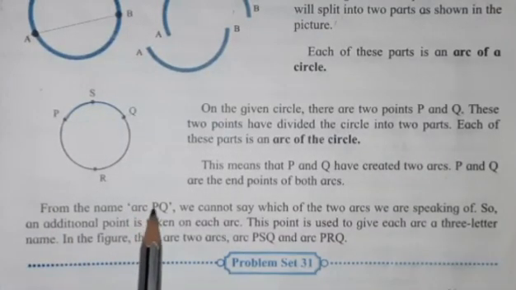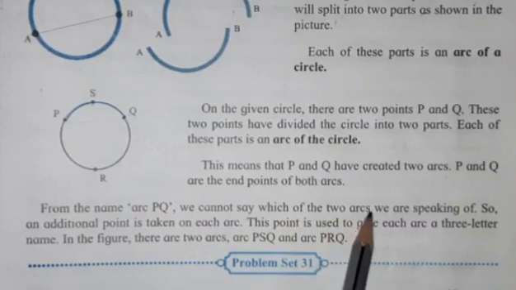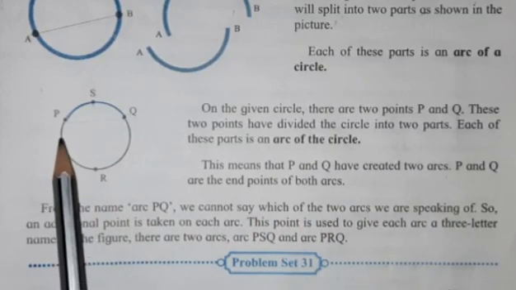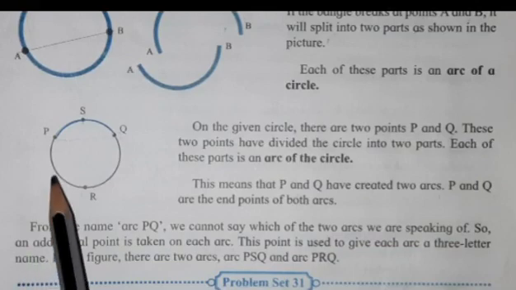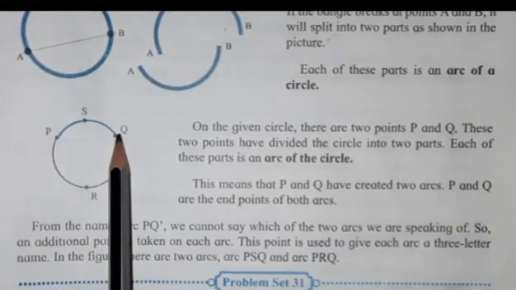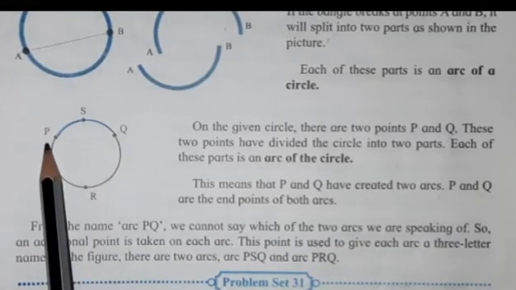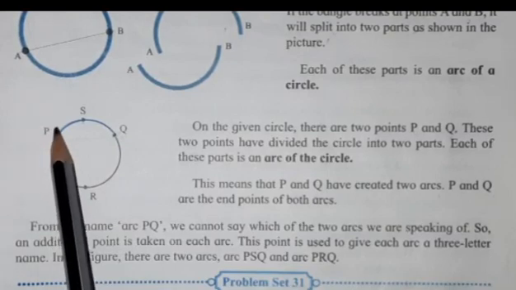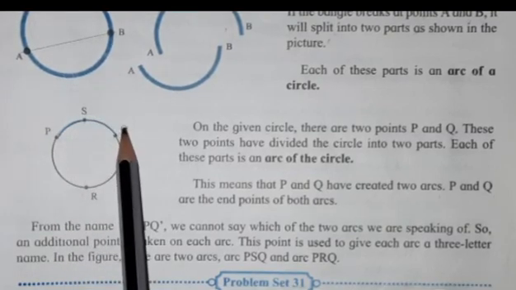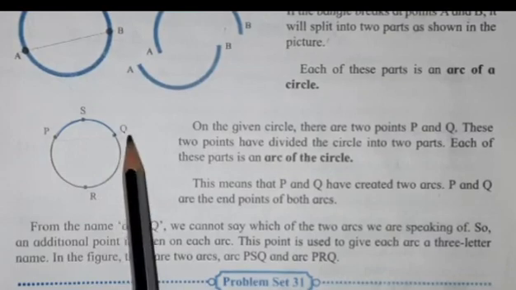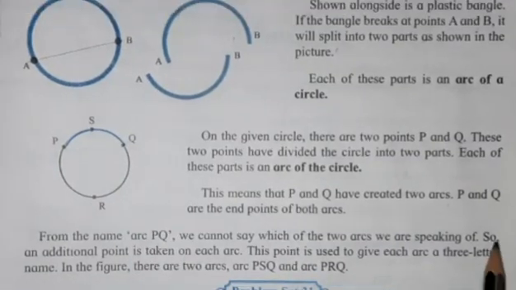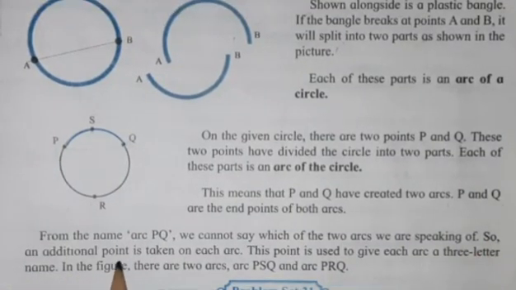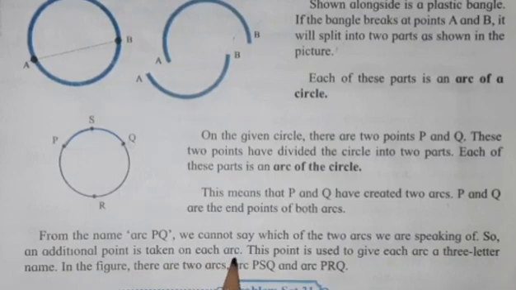From the name arc PQ, we cannot say which of the two arcs we are speaking of. If we are talking about arc PQ, it will not decide whether we are talking about arc PSQ or arc PRQ. So, an additional point is taken on each arc.